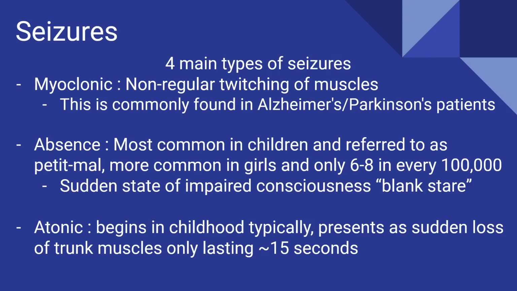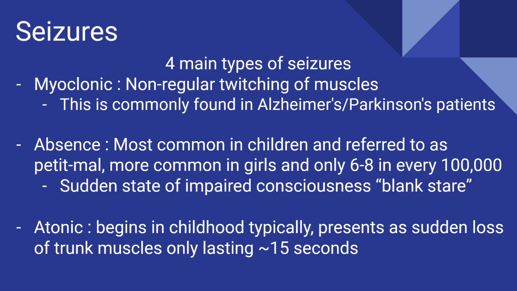Absence seizures are more common in children, and it's this sudden state of impaired consciousness, so the sudden blank stare, but they won't have the tonic and clonic phase of seizures. And then the atonic is a sudden loss of upper musculature, specifically the trunk, and it's very short lasting.